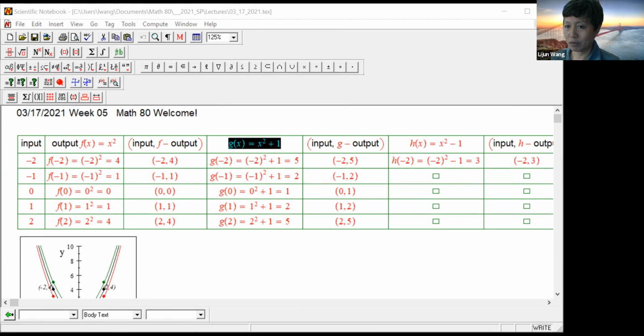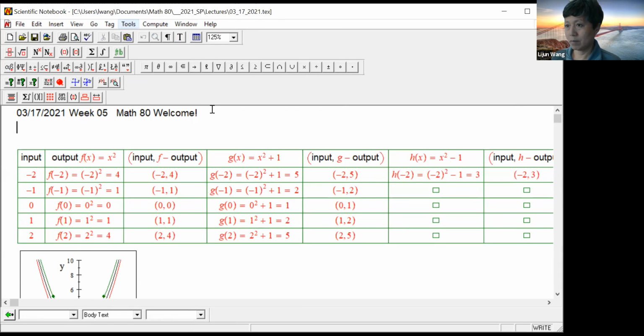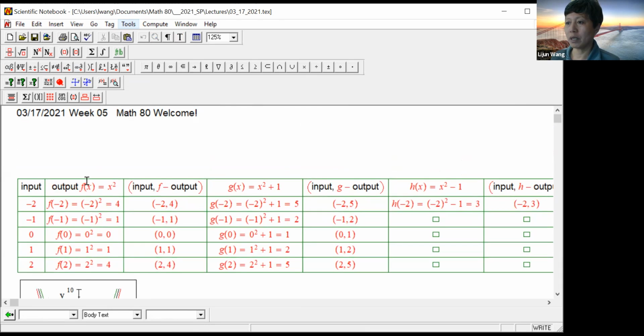Next, I have two more for you to do, but this time we will be doing not only x squared, okay? We're going to be doing x minus 1 squared. You see the difference, okay? x plus 1 squared, and we're also going to do x minus 1 squared.